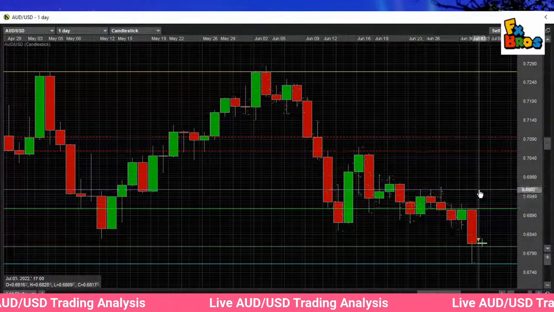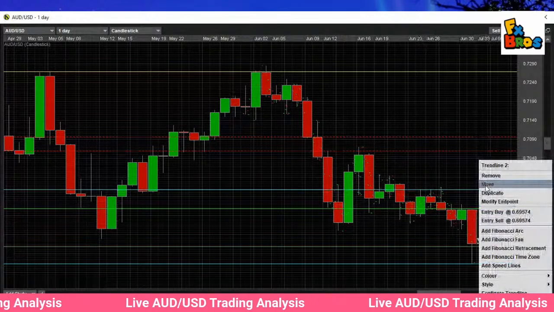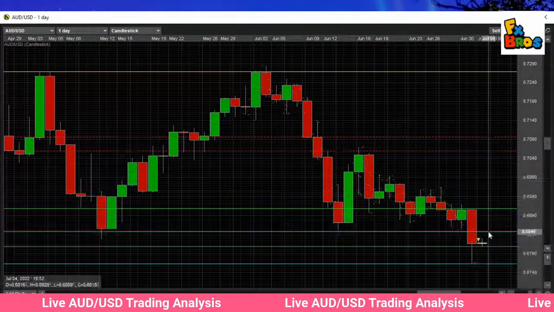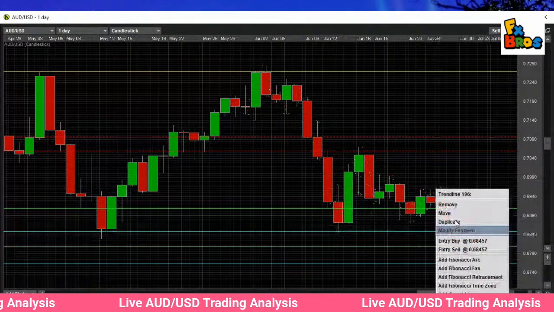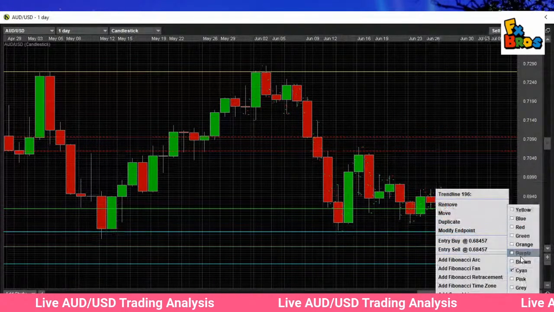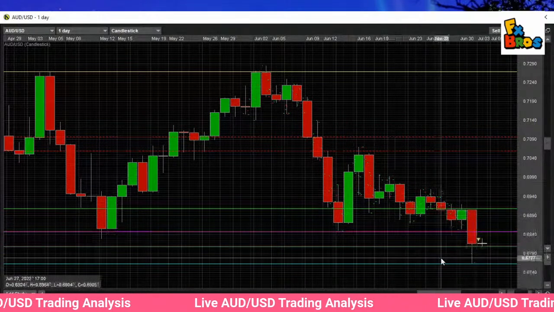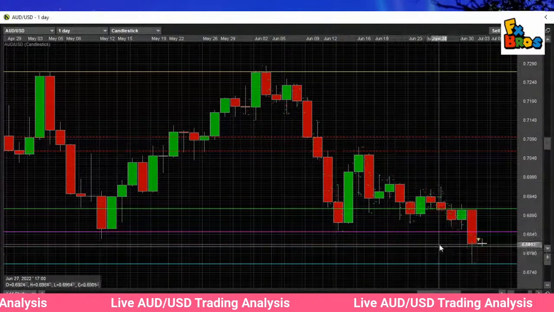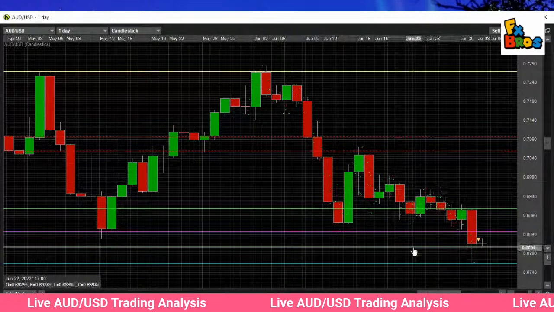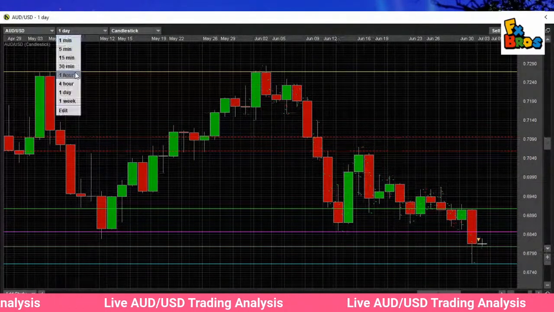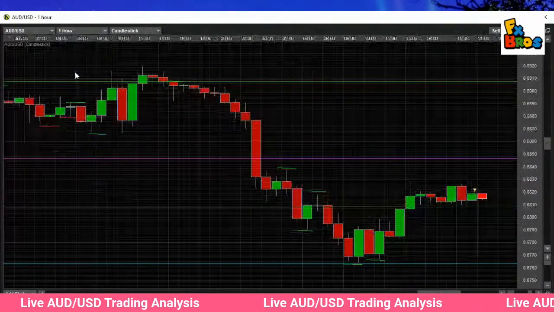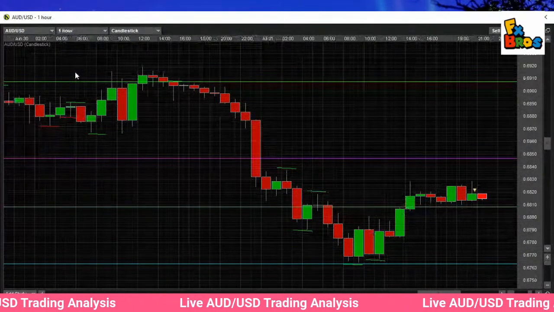And then we're gonna have this one as our midnight open price, and I want to change that to purple. And this green line right here is my take profit, my first level to take profit on this sale. So we're gonna drop down to the 1 hour so I can see exactly when we opened.